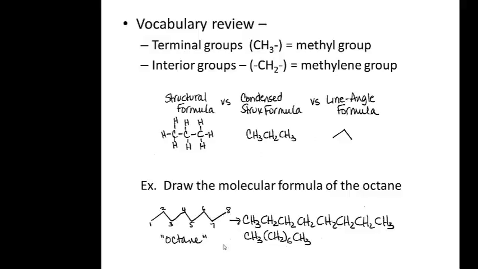I then converted it to a condensed structural formula, CH3, and then a string of 6 methylene groups with a methyl group at the end. And I further condensed the structure to show it like this. Most of the time we won't be doing that, though. When we get into biochem and are looking at really long fatty acids and molecules of that sort, we will be using those kinds of structures again.